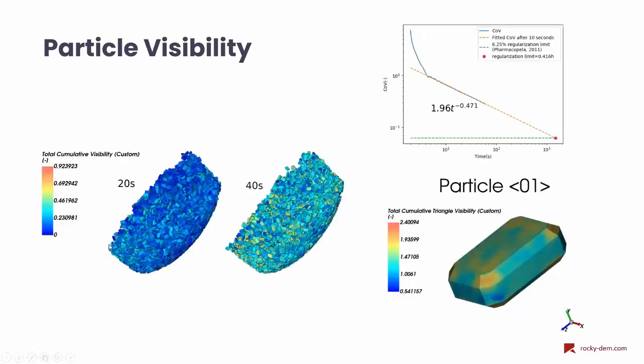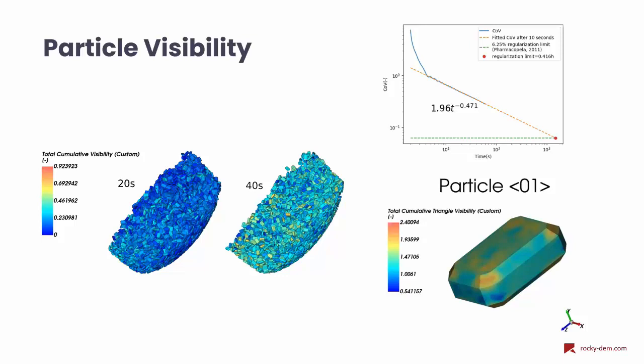And we can work with this value just like we did. Instead of having the residence time, we have this cumulative visibility per tablet, and we can also get the coefficient of variability and the distribution of this visibility above the triangle surface, above the particle surface.